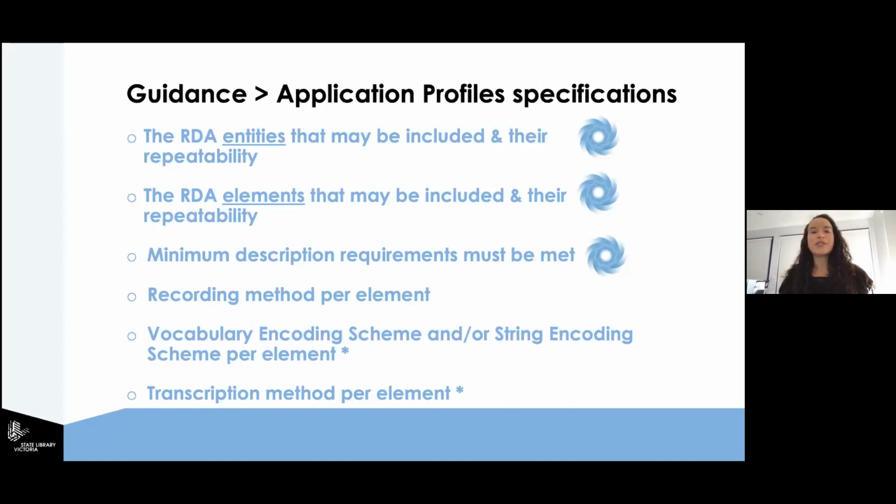An AP also specifies the RDA elements that may be included and their repeatability. The guidance chapter on application profiles says that minimum description requirements must be met. The guidance chapter also talks about how an application profile defines the recording method that can be used for each element that you define. And a bit about recording methods.